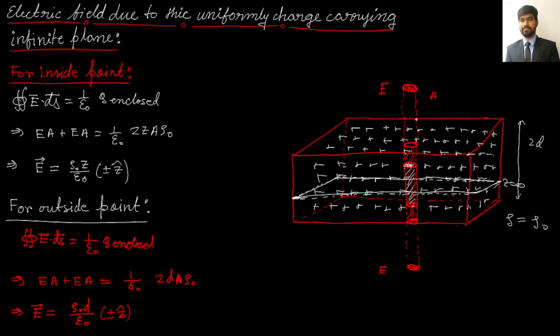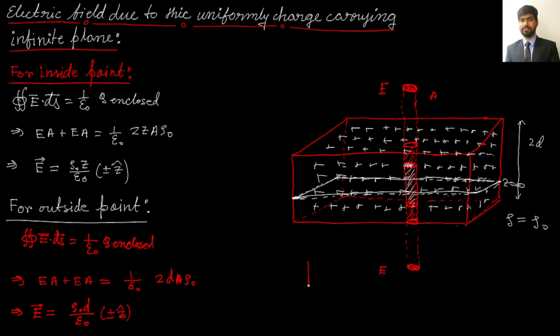But as soon as you come outside this charge layer, after the surface z equals d, if you increase this length, the charge within this Gaussian surface will always remain the same. So because of that the electric field will be uniform outside this charge carrying layer.